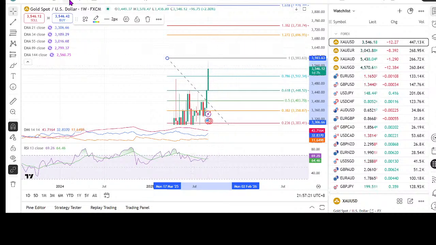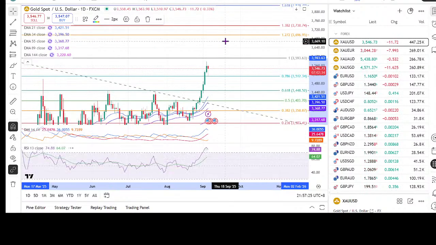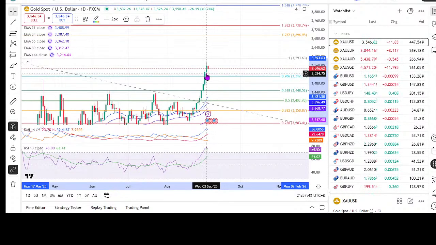So the question is, market, we are seeing an up move, and today I wouldn't say it's a down day. If it's a down day, then the price should be trading below the previous day low. But in fact, this morning it broke and it is trading within the trading band or range on the daily.